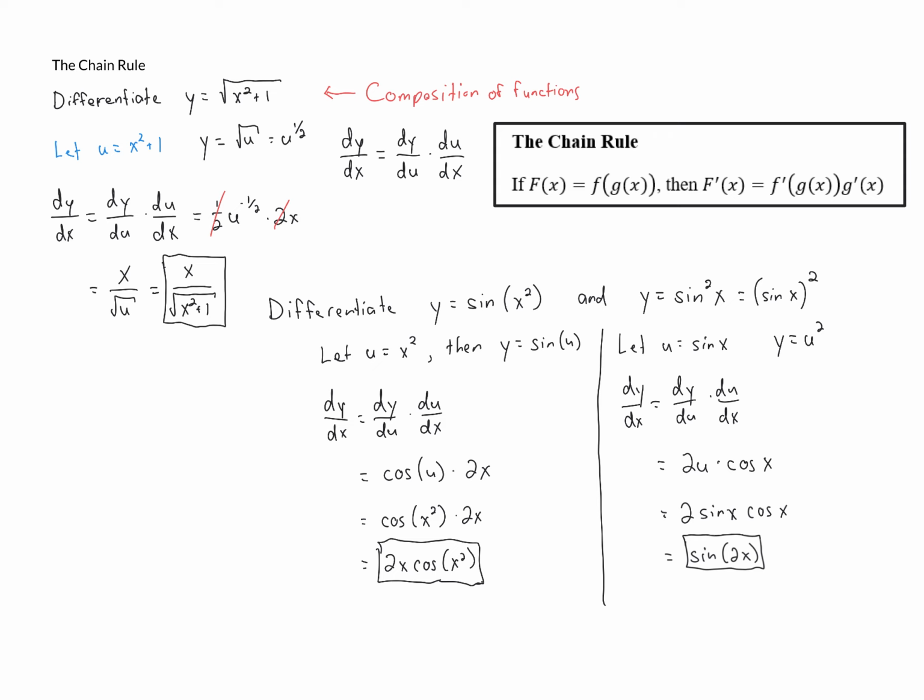Get more and more practice to the point where you can do these without having to write out the whole let u equal blah, blah, blah. Because eventually, and eventually is the very next lesson, we want to look at situations where we have compositions of three functions, where y is a function of u is a function of v, and then v is a function of x. And we want to be able to do this triple style. So you've got to make this a priority. You've got to make sure you really get this thoroughly.